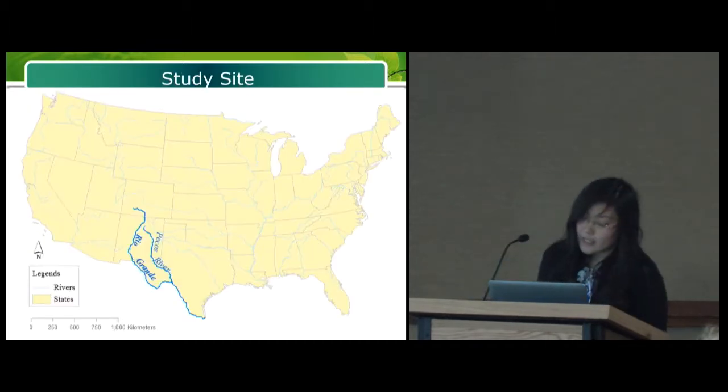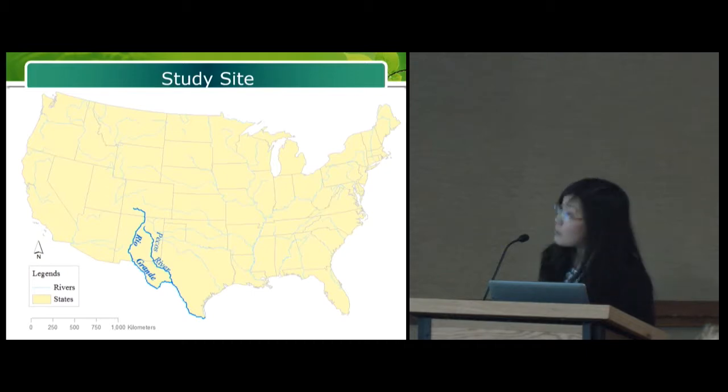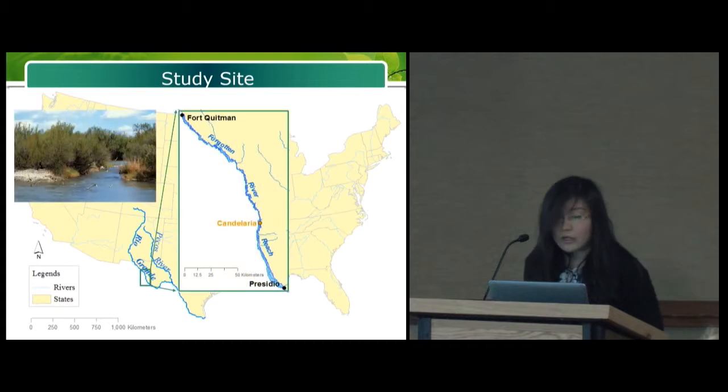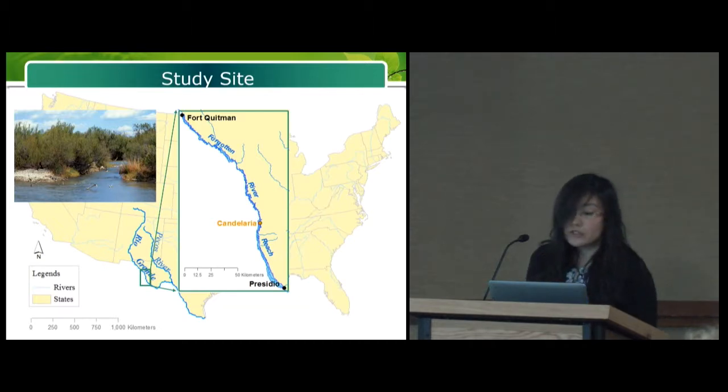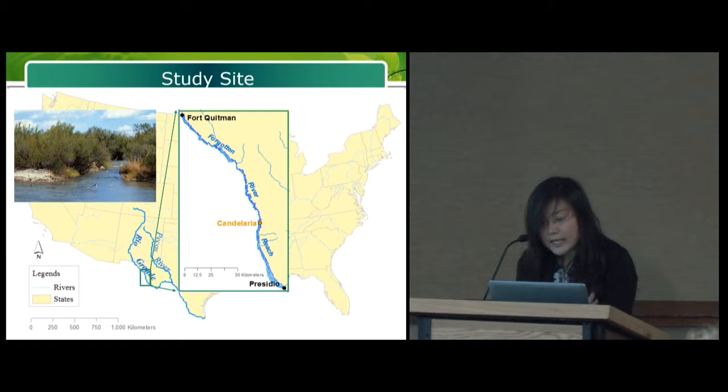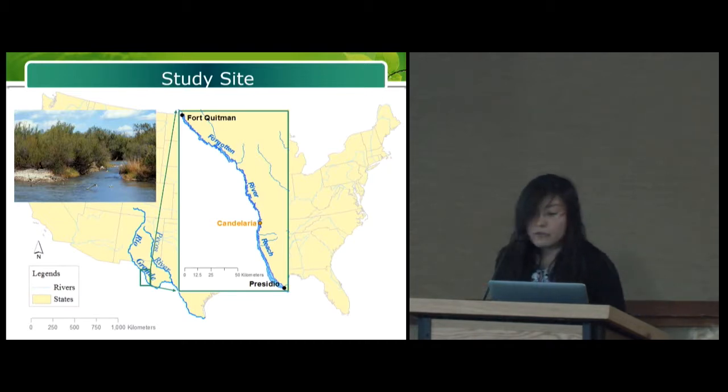So our study site, we aim to do the monitoring for the whole United States. But for this presentation, I will mainly focus on the Rio Grande River, especially the Forgotten River Reach, because for this area, we have done intensive field studies in order to train and validate our models.